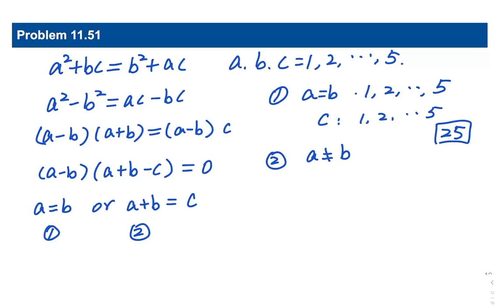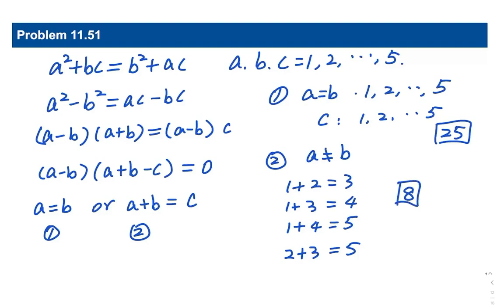What are the possibilities? It could be 1 plus 2 equals 3, 1 plus 3 equals 4, 1 plus 4 equals 5, or 2 plus 3 equals 5. Then we can assign a, b in 2 different ways for each situation. There are 8 ways. 25 plus 8 equals 33. Final answer, 33.